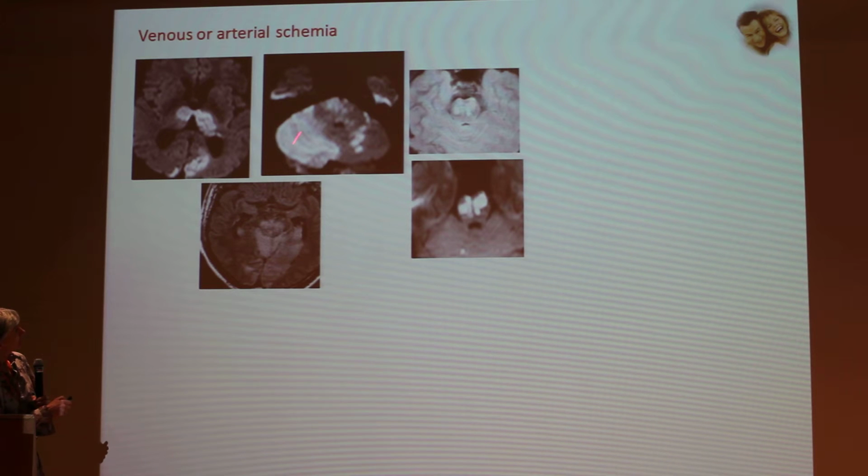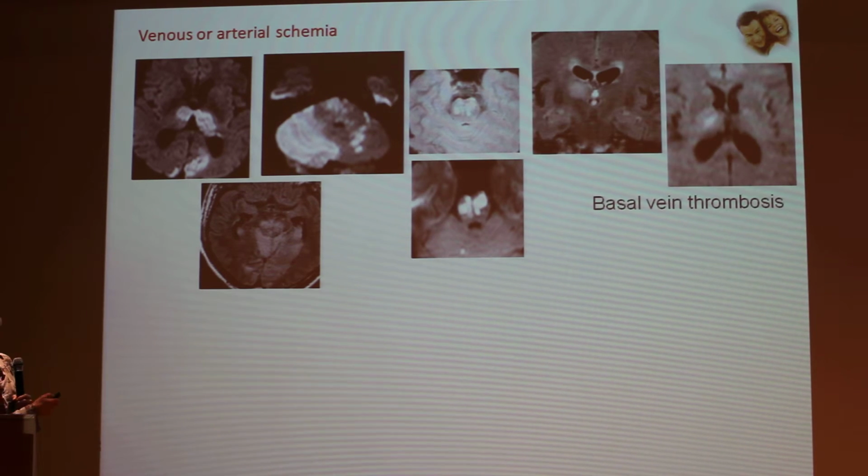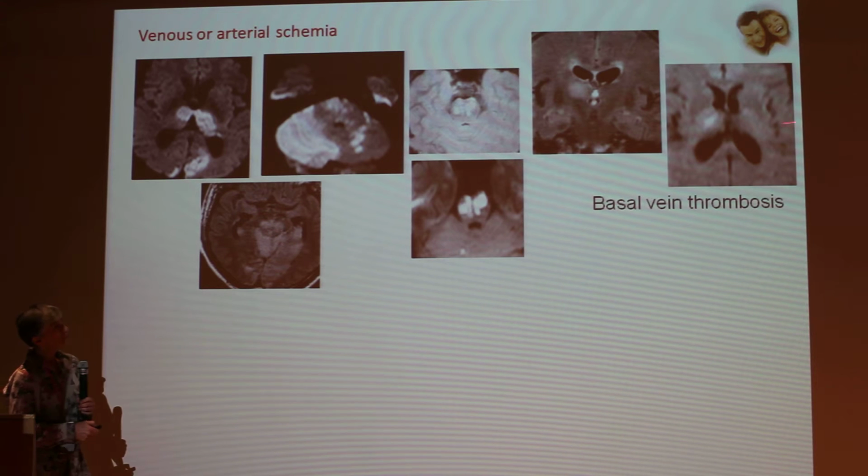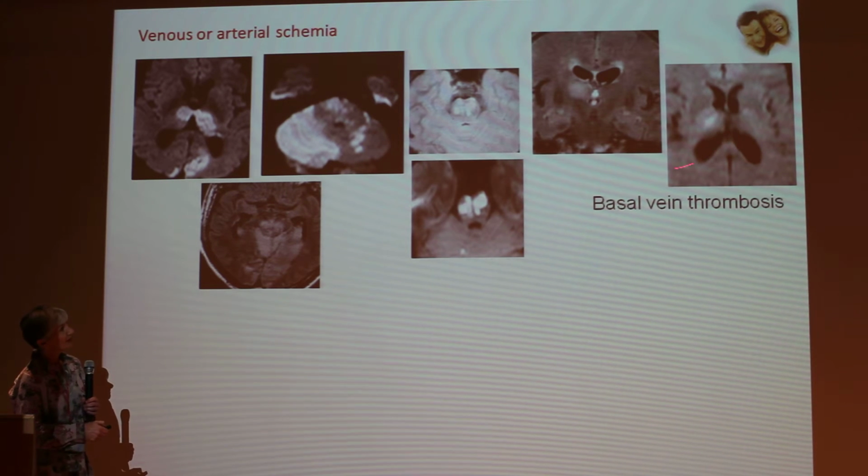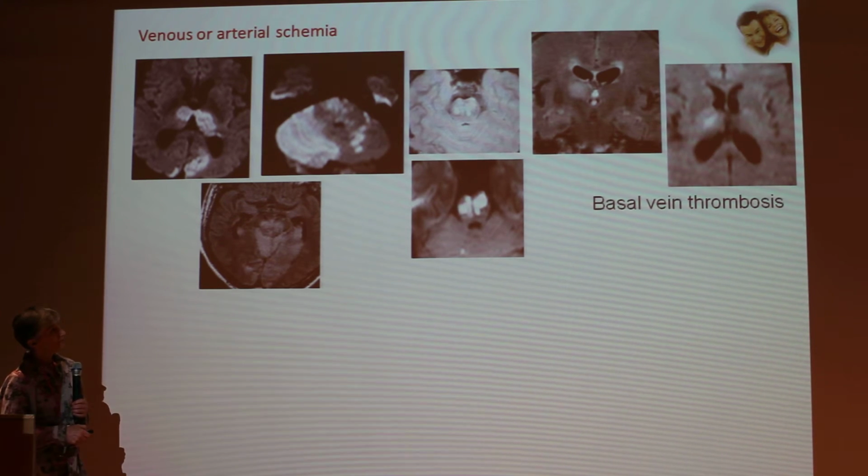And you see different cases where those locations are due to arterial abnormalities, but also when you have a thalamic lesion, you must think of vein thrombosis, central vein thrombosis and basal vein thrombosis.